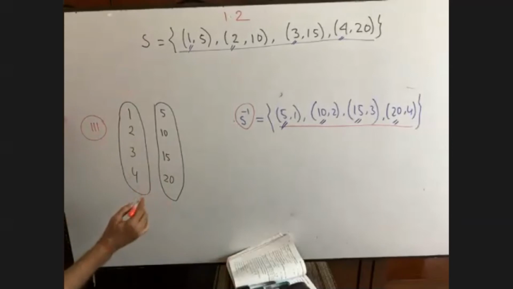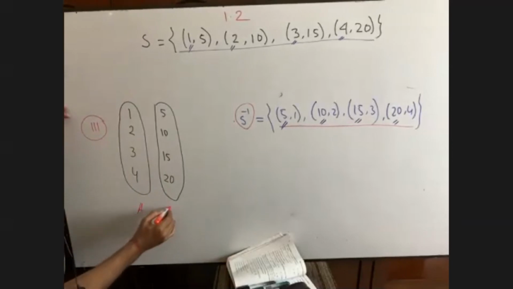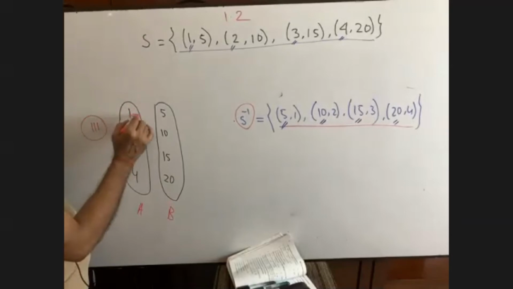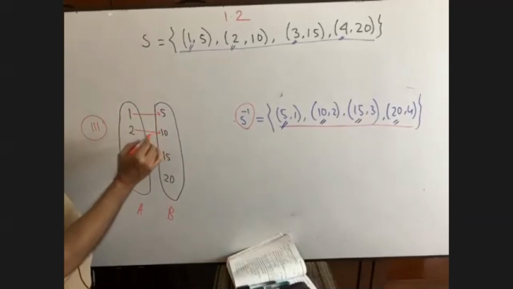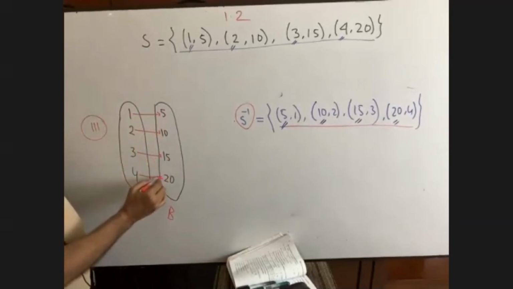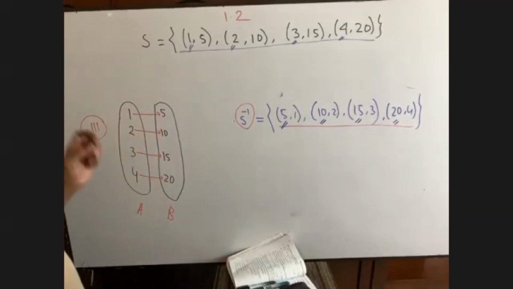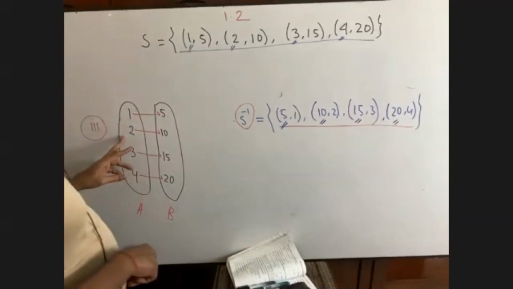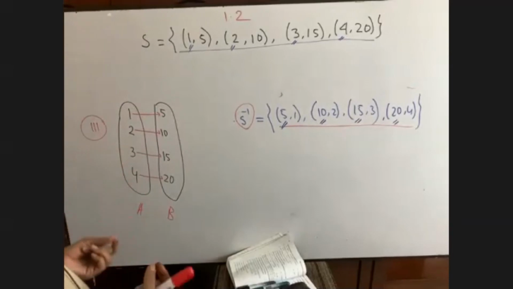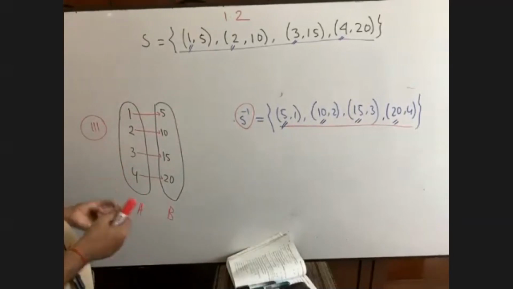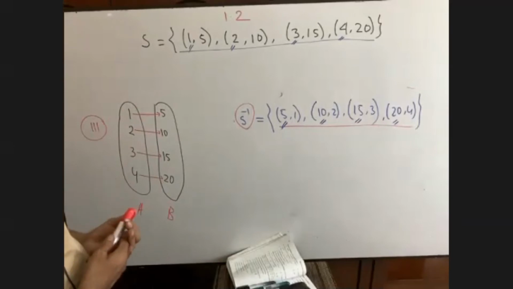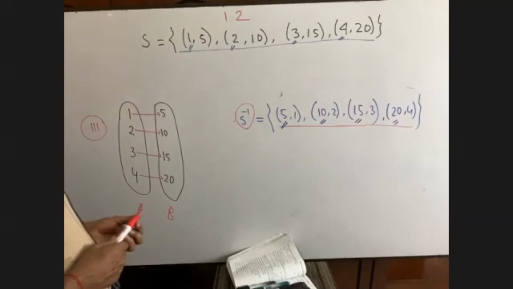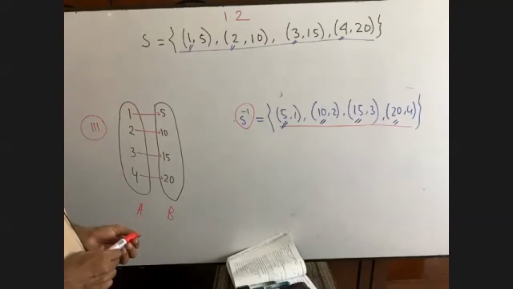What is told here? Suppose it is A and it is B. For 1 it is 5, right? 10, 15. So we are getting one value of Y for one value of X. If we get one value of Y for a certain value of X, then it is called a 1-1 relation. 1-1 means what?